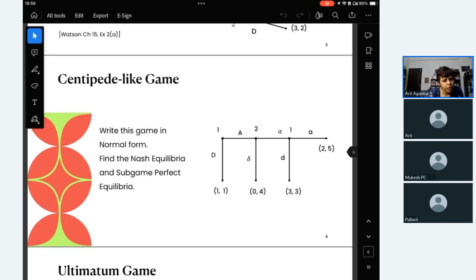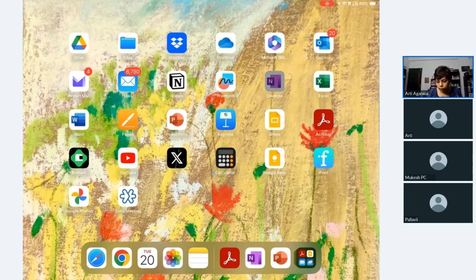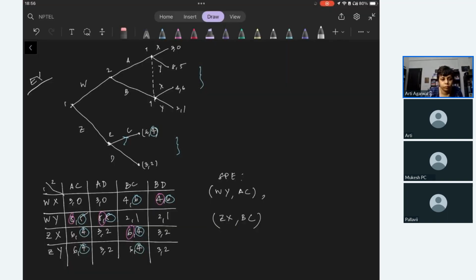Okay, what did you ask? Could we have solved without making the table? I didn't understand your question. Can you explain it again? No, you can't.